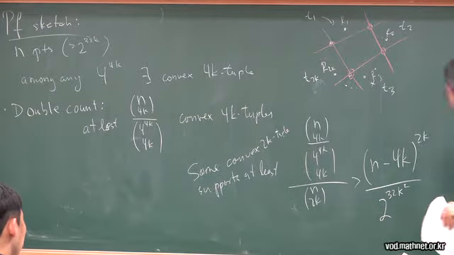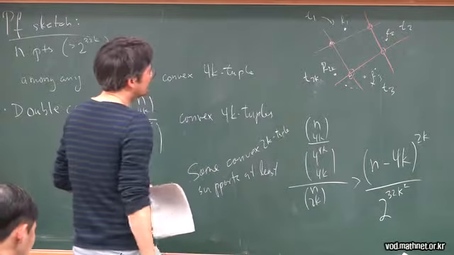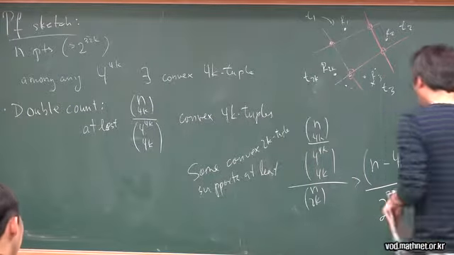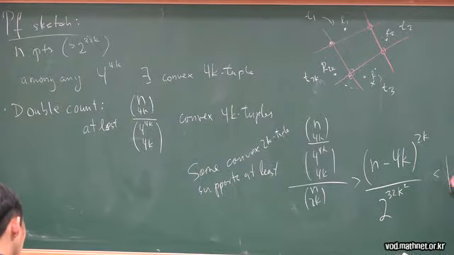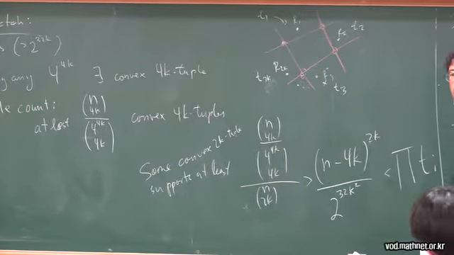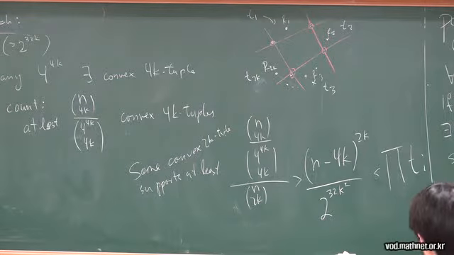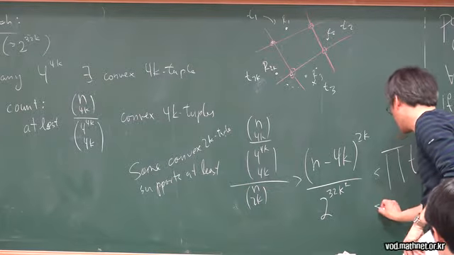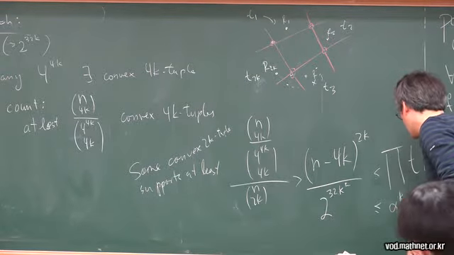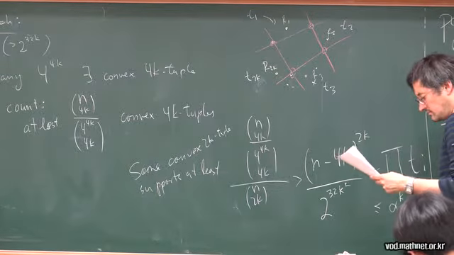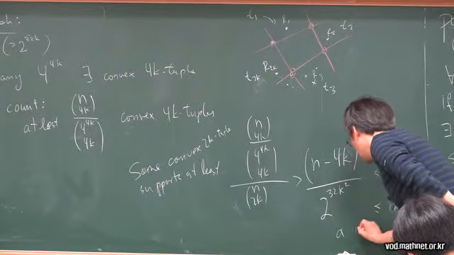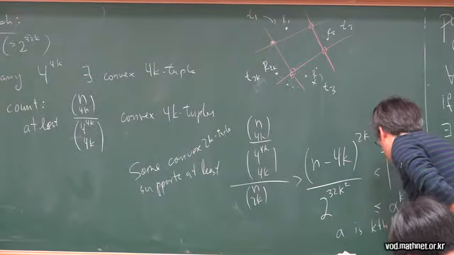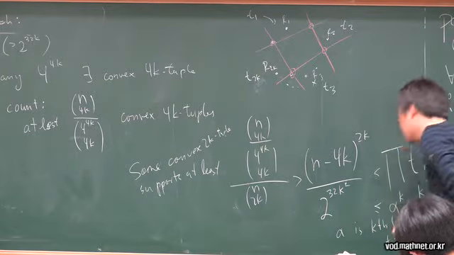Now this number here is of course a lower bound on the product of these Ti's. And then comes the final trick: the product of these Ti's is less than or equal to alpha to the k times n to the k, where alpha is the kth largest Ti.